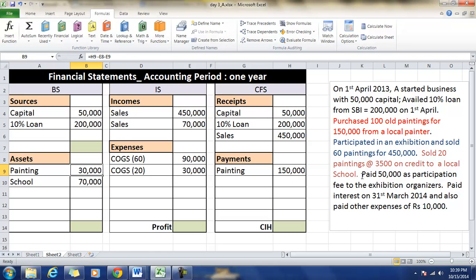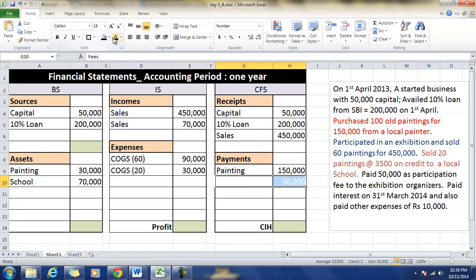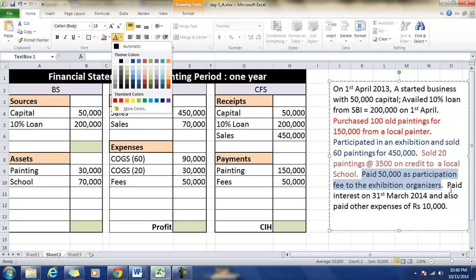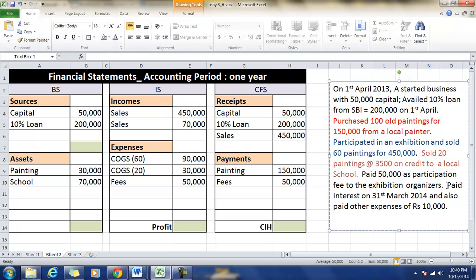Paid 50,000 as a participation fee, so there is an expense and we paid money for that. An expense will be shown in the income statement. We also paid interest on 31st March.